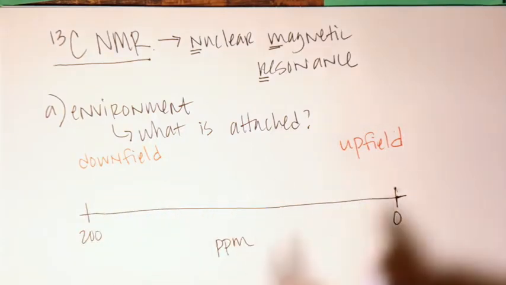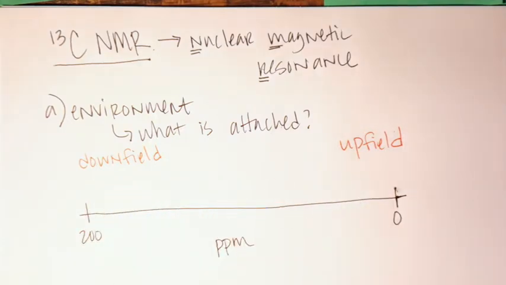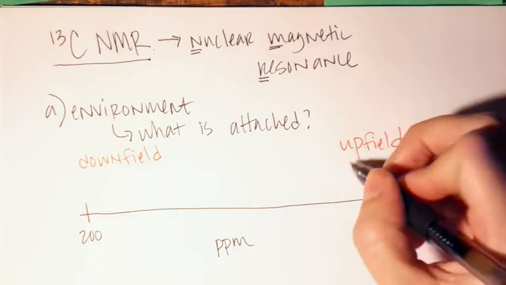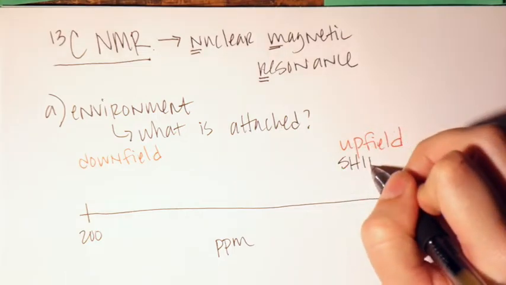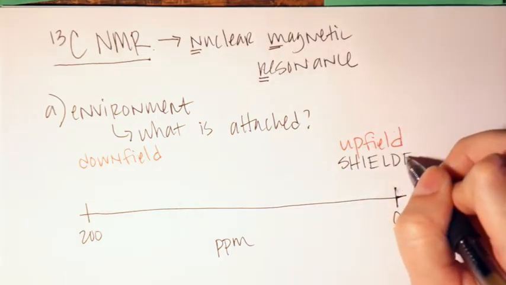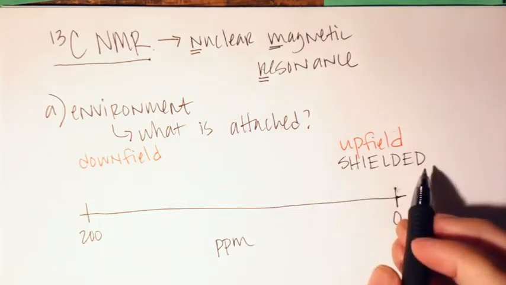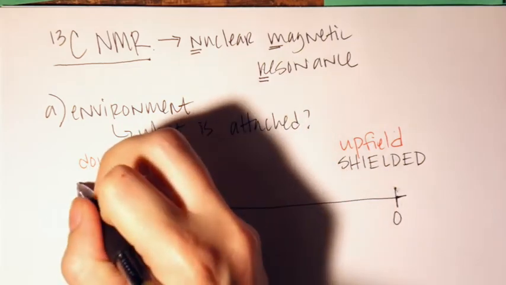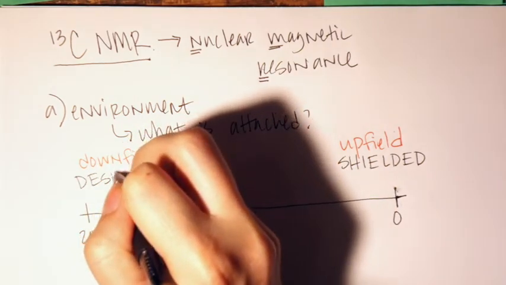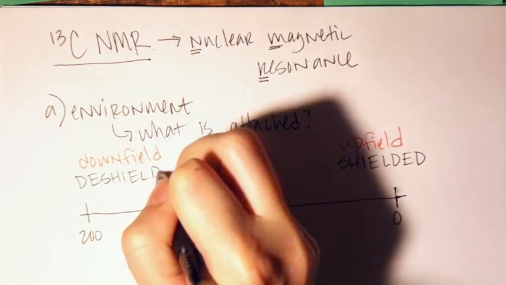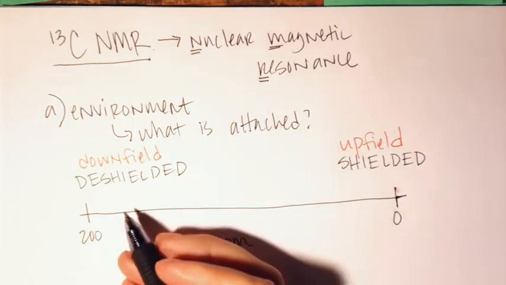So the more to the right you go, the more upfield you are. And so we're also going to be talking about shielding in just a second. So if a carbon is shielded, it's going to appear more upfield the more shielded it is. And the more de-shielded it is, the farther to the left it will be.